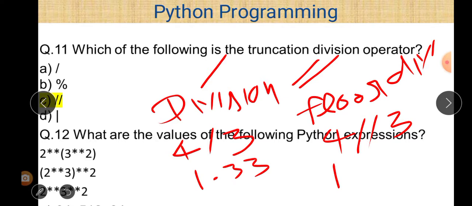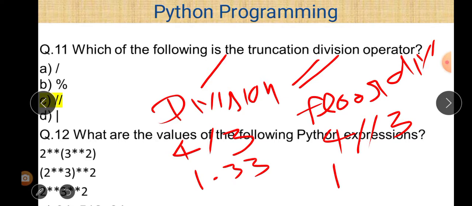So basically, the floor division operator always returns the integer part of the expression, whatever we get after the division. And again, I told you that there is no concept of rounding off the digit. We always consider the integer part of the expression. So the integer part is 1. In the first case our answer is 1.33, and in the second case the answer is 1.